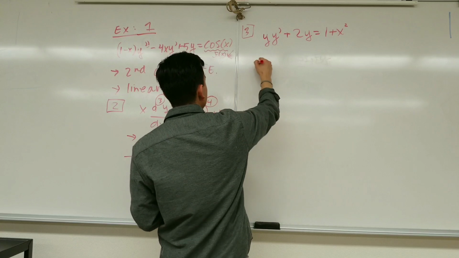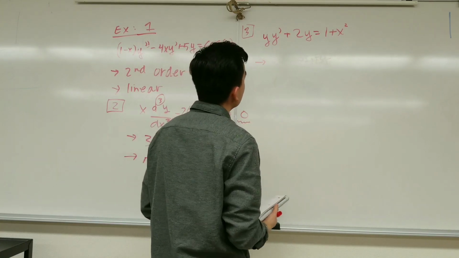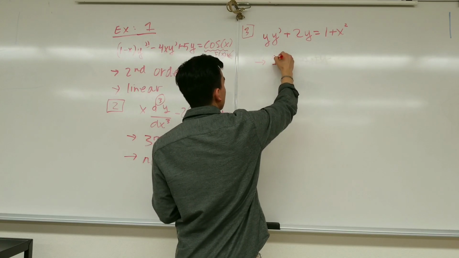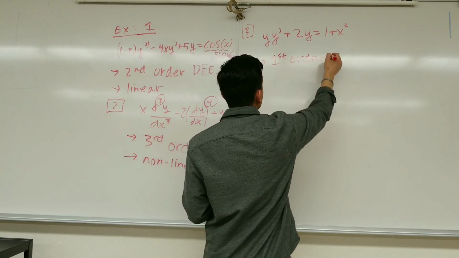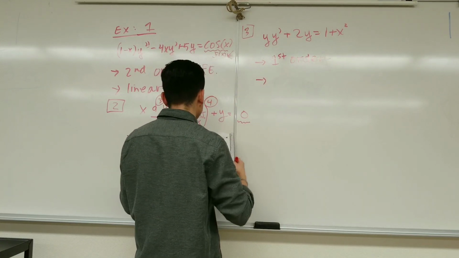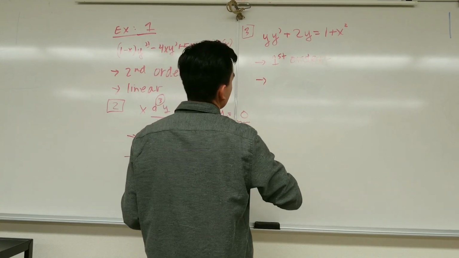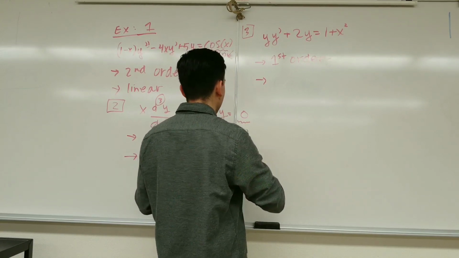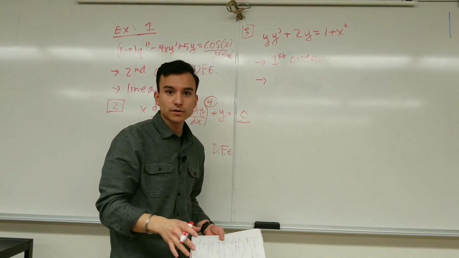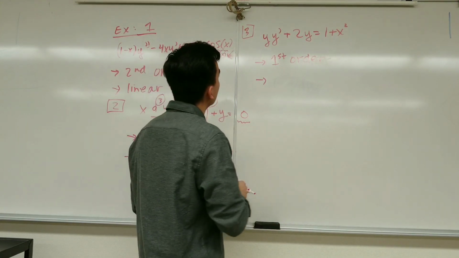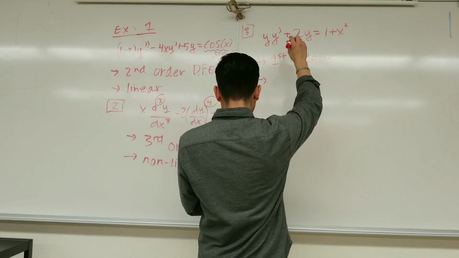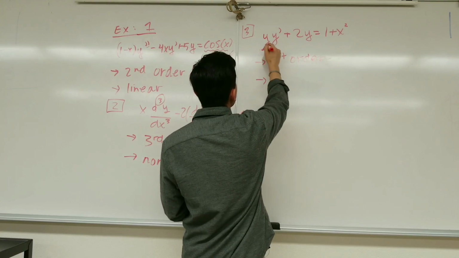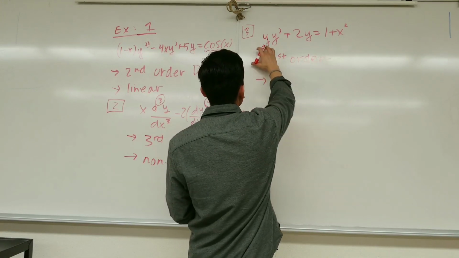All right, so let's figure out what order this is. It's going to be first order, right? And is it linear or not linear? Okay, so now this one you definitely have to be careful with, because our coefficient here is y, right?